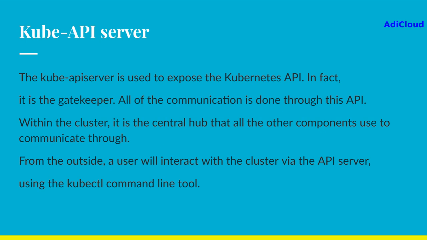And from outside, an end user will interact with the cluster via the API server using the kubectl command line tool. So a kube-api server, in short, is a gatekeeper which the end users or other worker nodes will use to communicate with the control plane.